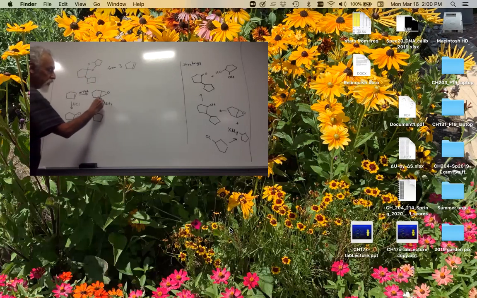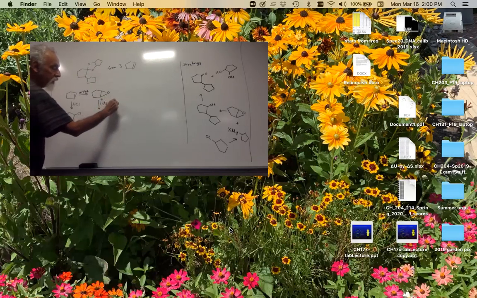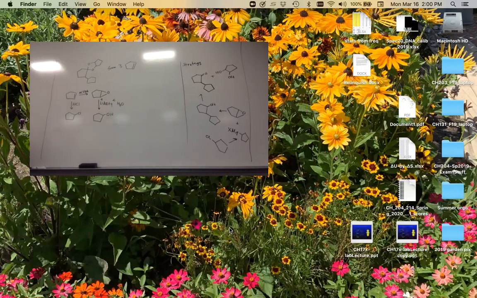So it would be first step that, second step H2O, and we would get this, right? That's opening of the epoxide. This is reduction. Notice this carbon starts life with 1 hydrogen. He has 1 hydrogen at the end. This carbon starts life with 1 hydrogen. Now he has 2 hydrogens. That's reduction, more bonds to hydrogen.